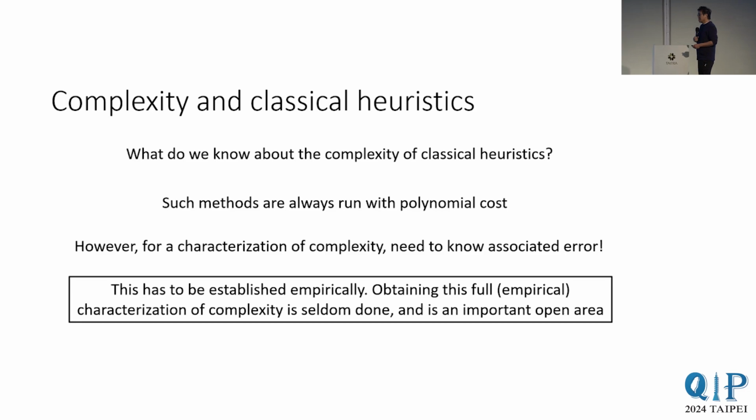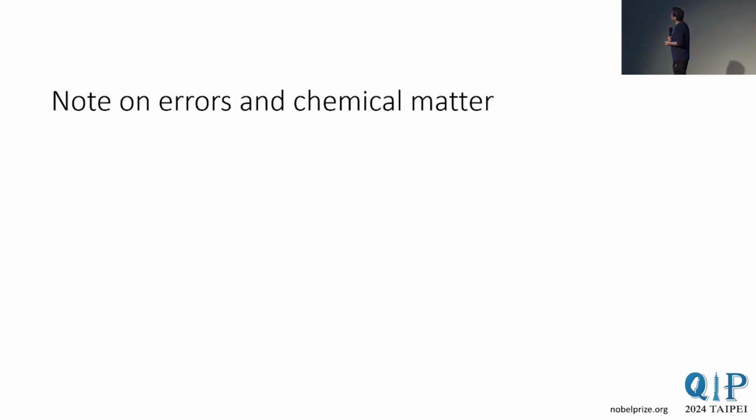But as quantum chemistry has intersected more with quantum computer science, particularly through the field of quantum information, the attention is now turning towards the more rigorous characterization of complexity. So before I talk about the way you should think about the complexity and the error, let me just talk about what error means in chemical systems.